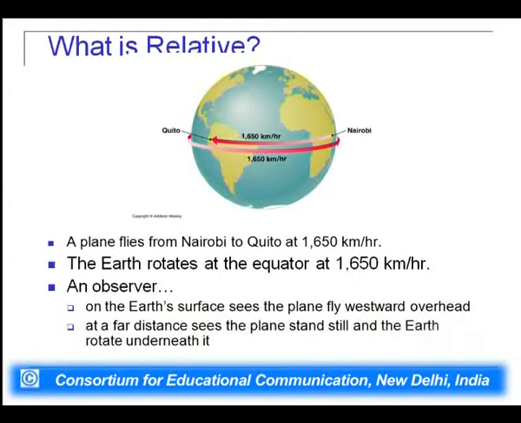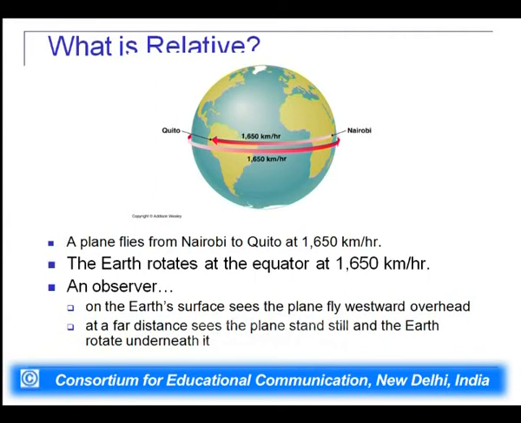Next, what is relative? Here we have an example. A plane flies from Nairobi to Quito at 1650 km per hour. The earth rotates at the equator at 1650 km per hour. An observer on the earth's surface sees the plane fly westward overhead.